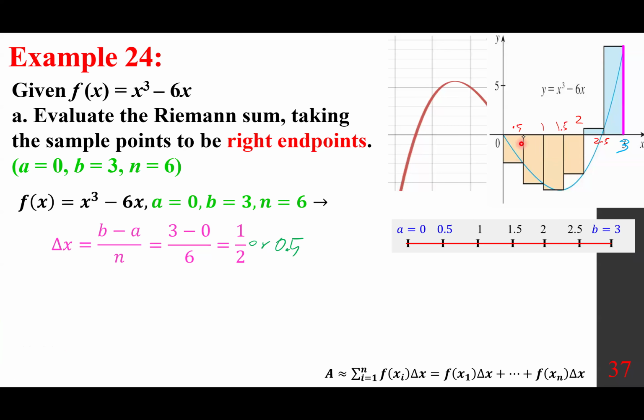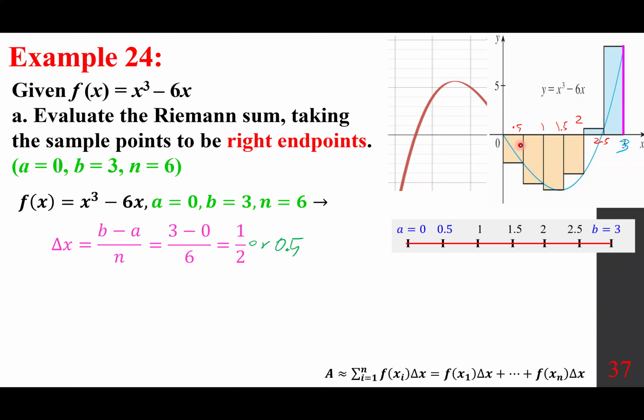So I can take the left side, which has a height of 0, or the right side, which has this height. This one, the left side would be here, the right side would be here, so on and so forth. Now for this piece, the right side and the right side. And so if you look, each rectangle has the same width, delta x, or 1/2 or 0.5.